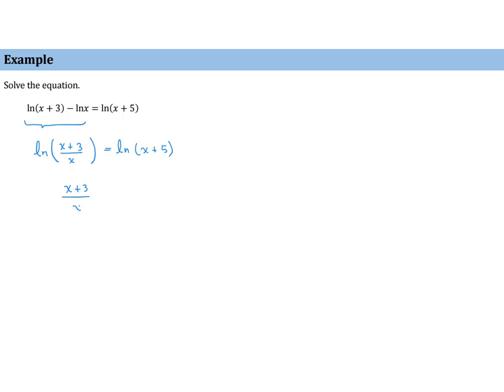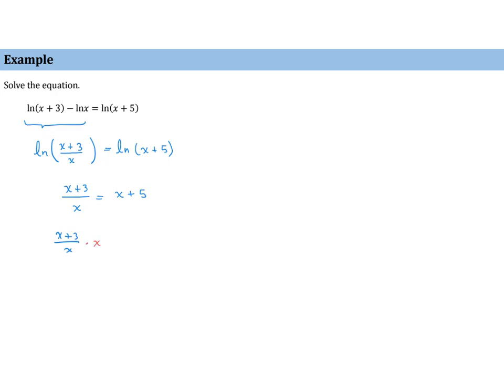So x plus 3 over x must equal x plus 5. So let's multiply everything to clear the fractions. So what we can do is multiply through by the denominator x. So we'll take x plus 3 over x and multiply that by x.